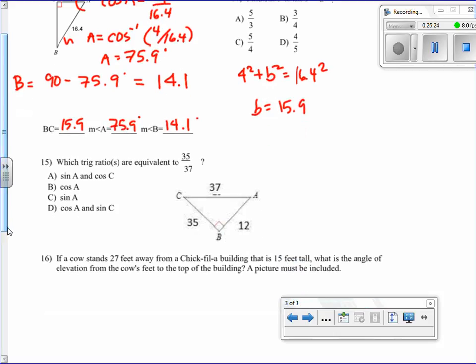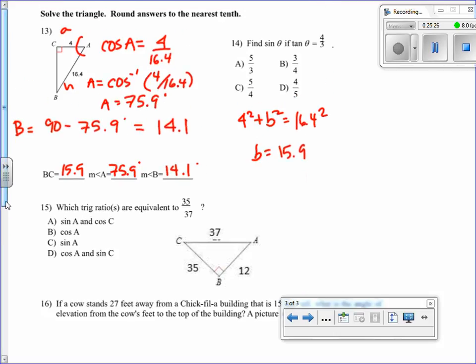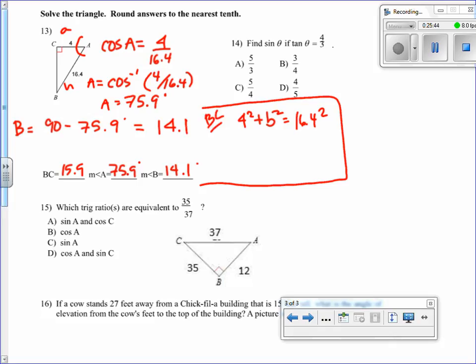For number 14, I didn't show all the work. I used Pythagorean theorem to find DC.